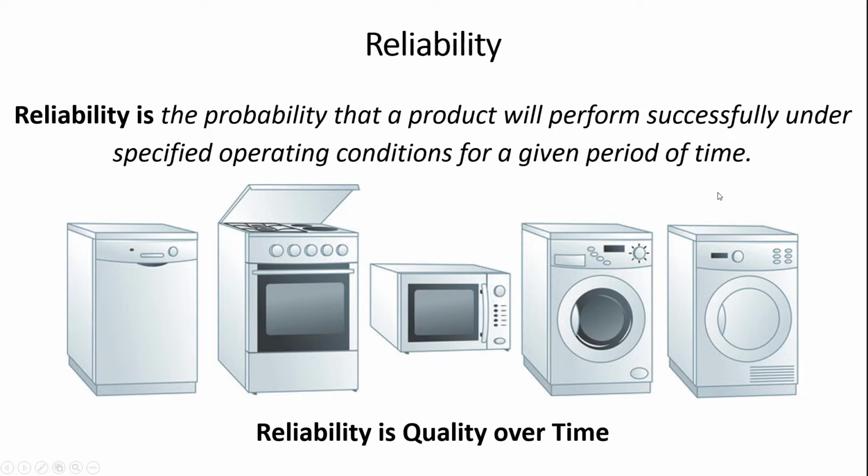The way I like to explain this is that reliability is quality over time. We build these products, we make these products, we use these products, and we expect that they're able to perform at a certain level over a given period of time. That's how I want you to think about reliability, because there's very much a relationship between reliability and time. We expect high quality over time.